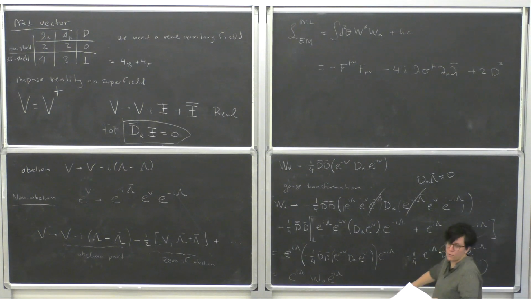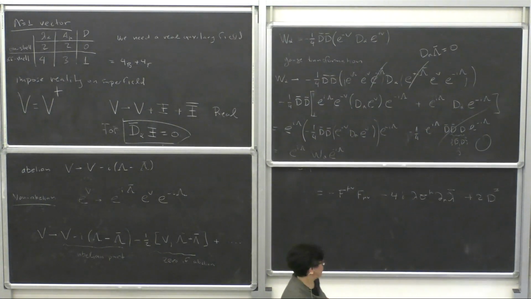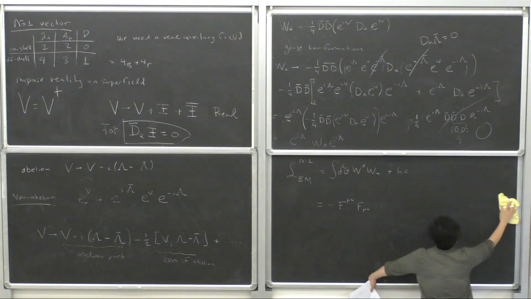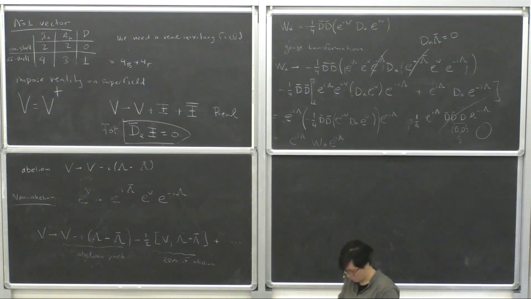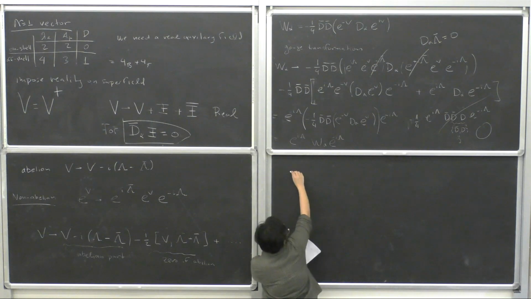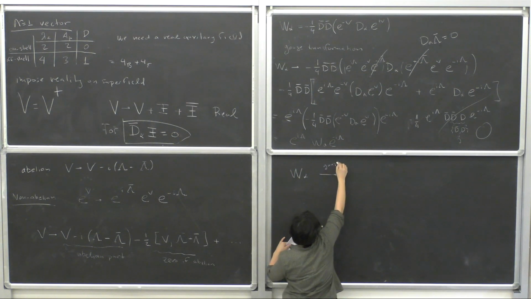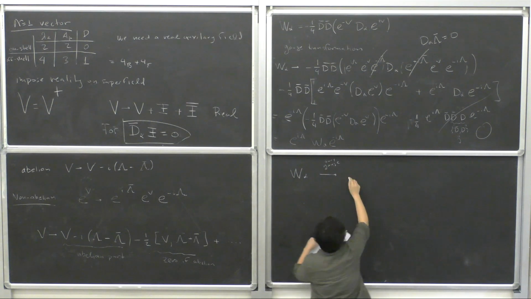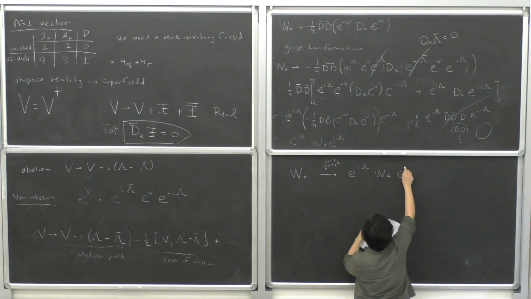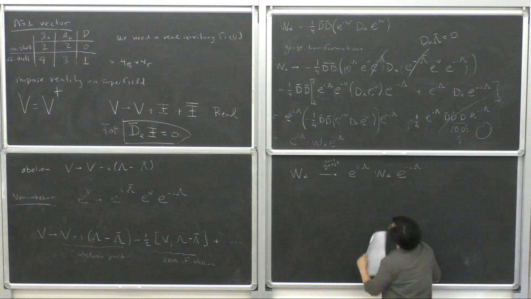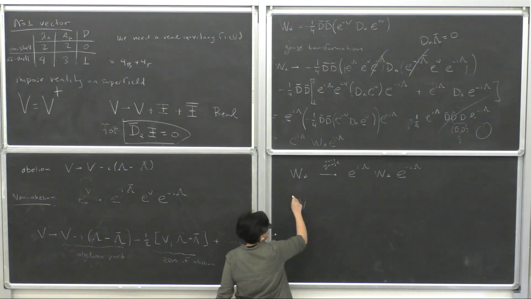Yes, so I will write now. We will talk. Now we talk physics. But first I wanted to make sure that the calculation is clear. So what we just proved is that W alpha under our supersymmetric gauge transformations transforms covariantly.